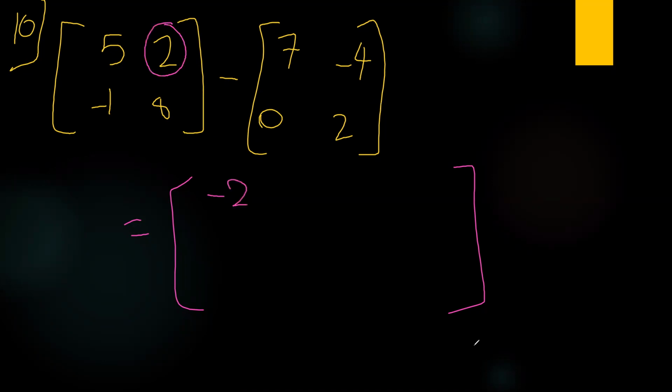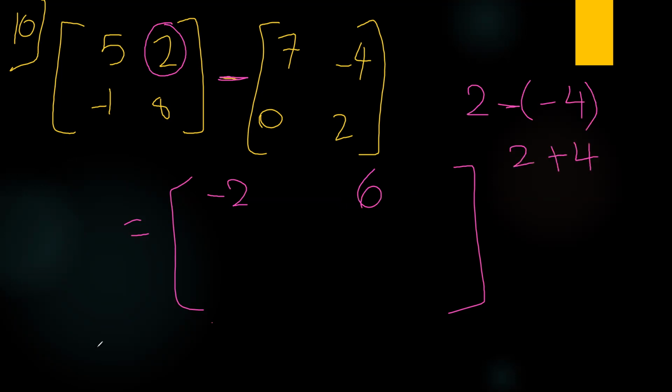And then 2 minus negative 4, which will be 2 plus 4, which is 6. Thank you so much, Yara. Miss, why 2 plus 4? It is 2 minus negative 4, which is 2 plus 4. Ah, okay, yes. Thank you. You're welcome.